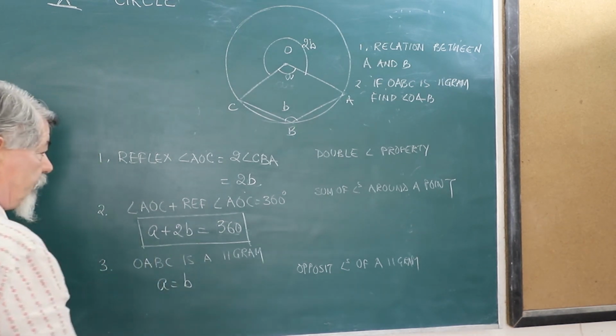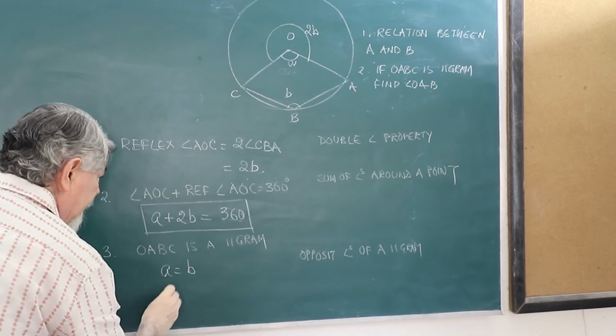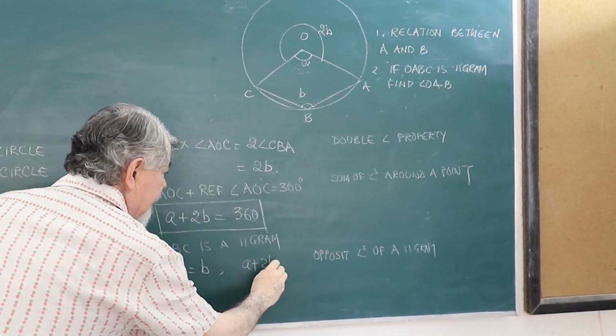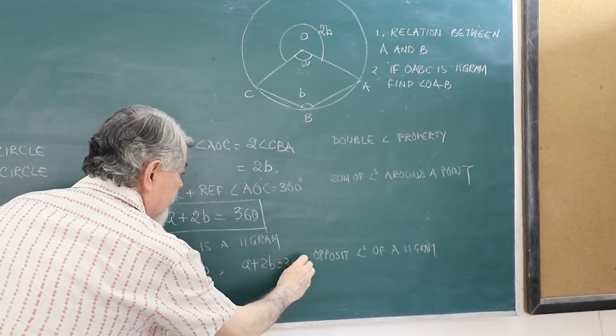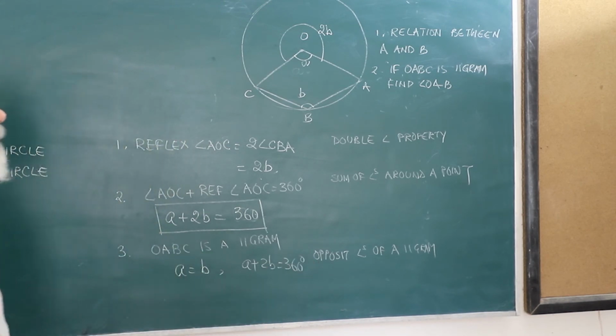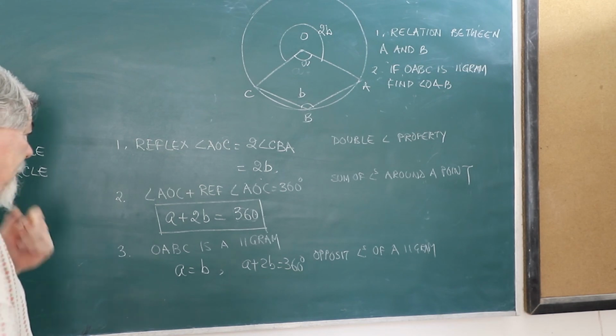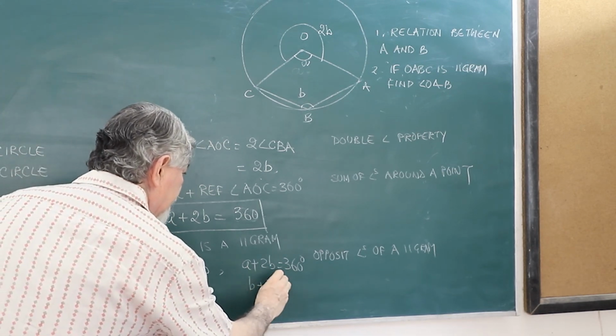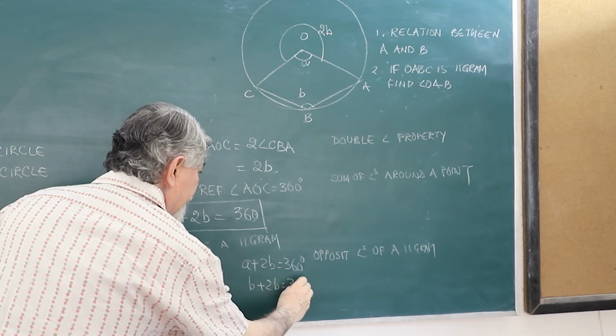So if in place of A, I write B, what will happen? A plus 2B was 360 degree. So B plus 2B is 360 degree.